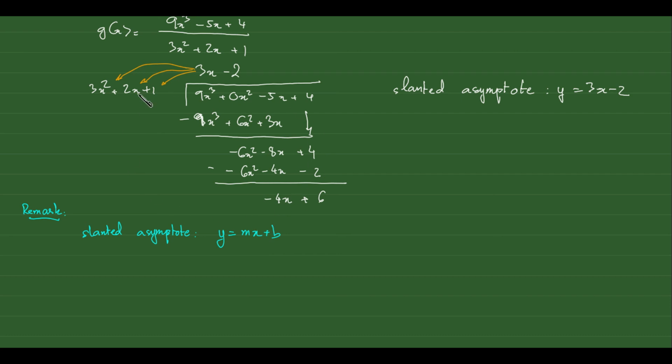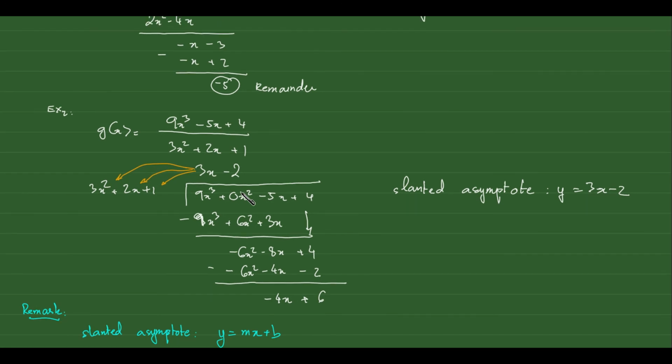And you must master how to do long division. Please go back to the video or the lecture we had last time. You have to master long division. If you have any question with long division, you have to let me know right away. Okay, so that is all the methods of finding asymptotes.